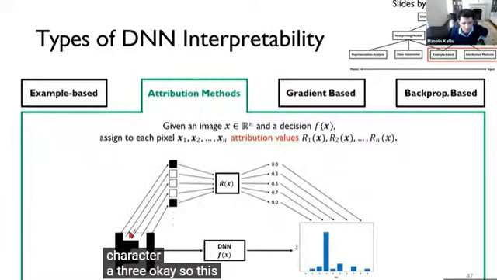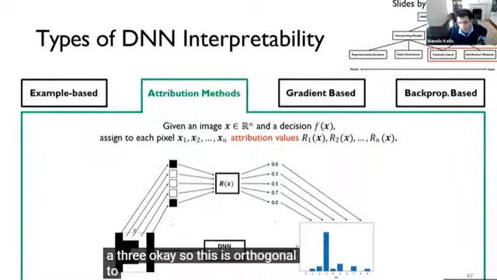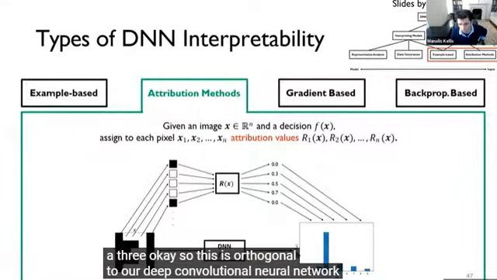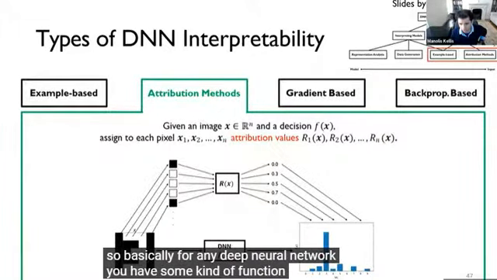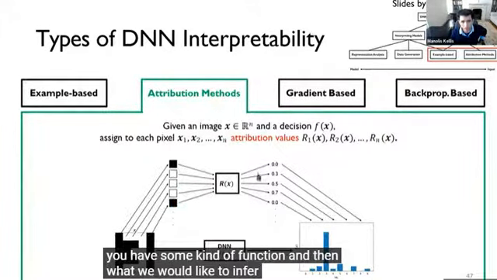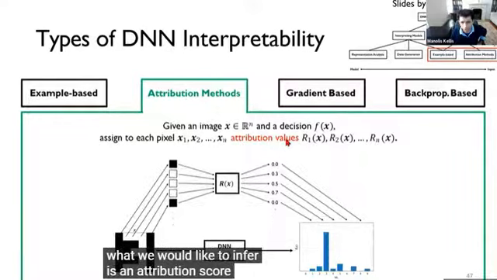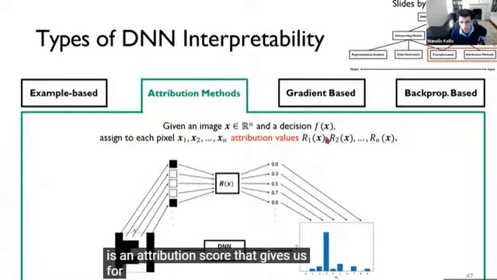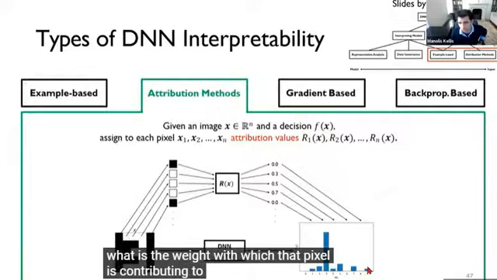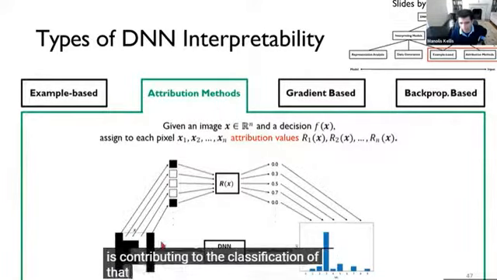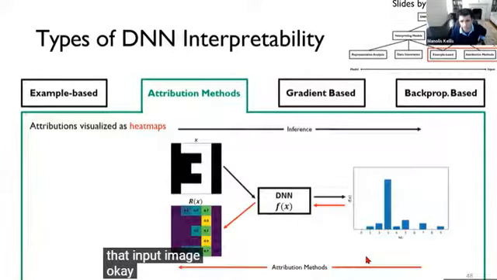This is orthogonal to our deep convolutional neural network. For any deep neural network, you have some kind of function, and what we would like to infer is an attribution score that gives us, for every single pixel, the weight with which that pixel is contributing to the classification of that input image.